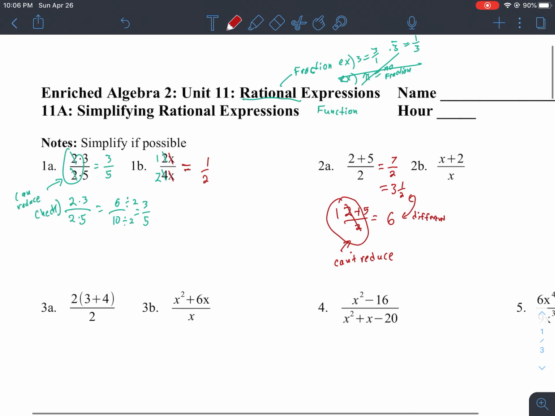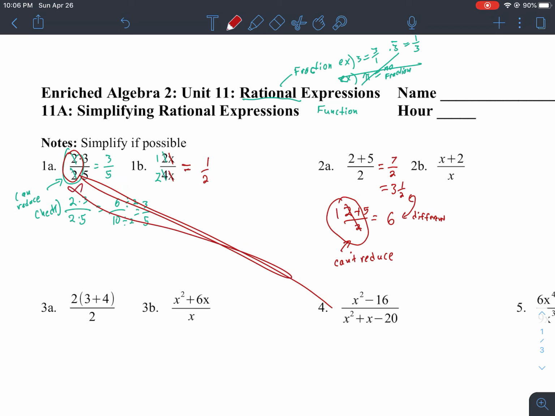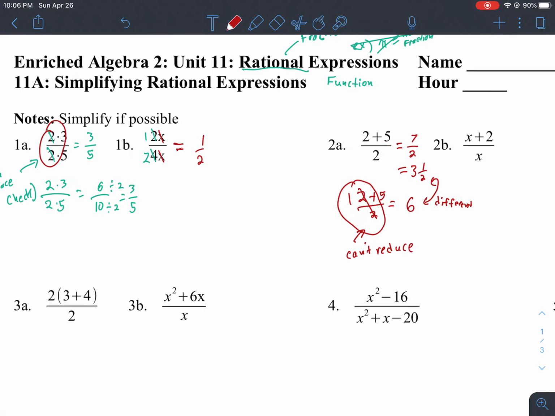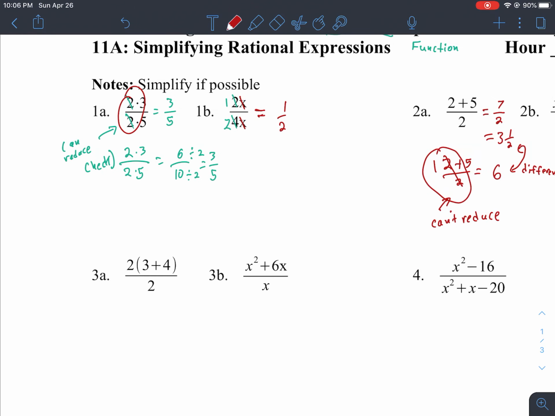So how in the world are we going to keep this straight? I thought in this problem over here, 2 over 2 was 1. Okay, look on the left side, you can reduce if there's multiplication.